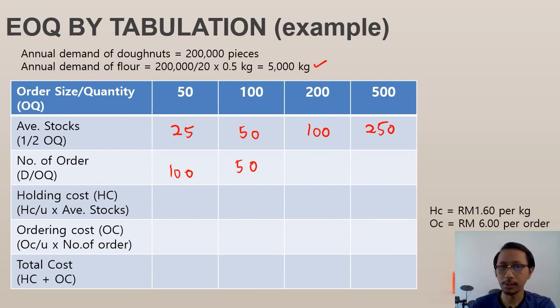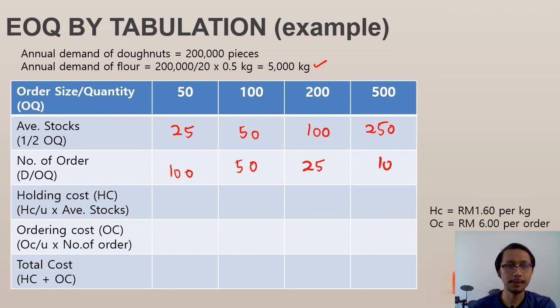Next, for order quantity 200, the number of orders will be 25. And next one, if the order quantity is 500, then your number of orders will be 10. There you go, you already completed the top section. Now let's continue with the bottom section.